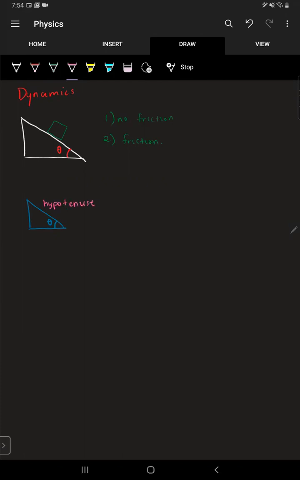We also have the leg called the adjacent, and this leg is called the opposite. Now, why are they called adjacent and opposite? Well, it's called adjacent because the angle, as you can see right here, this leg is adjacent, or directly next to it.